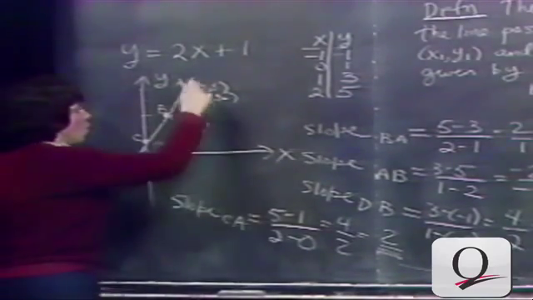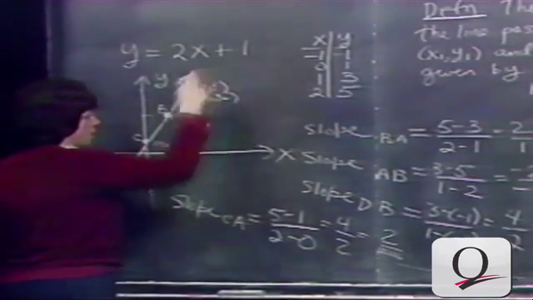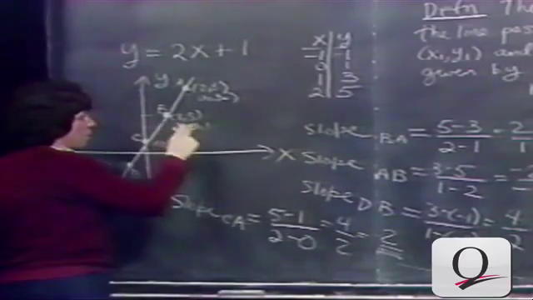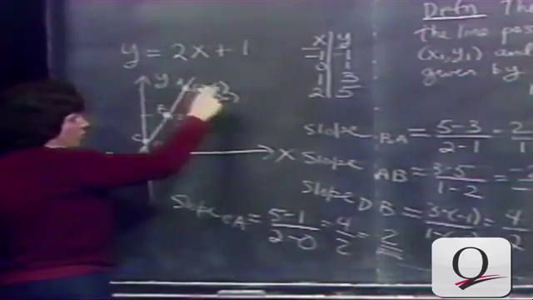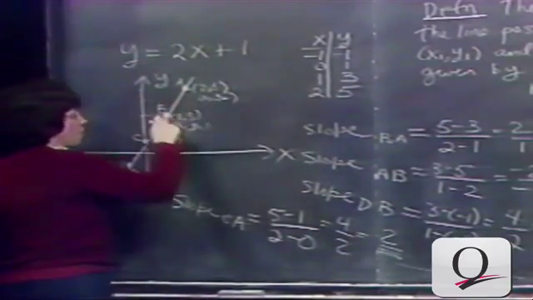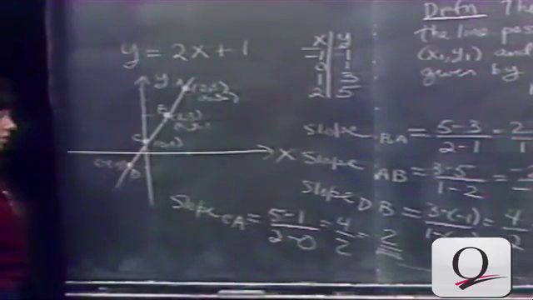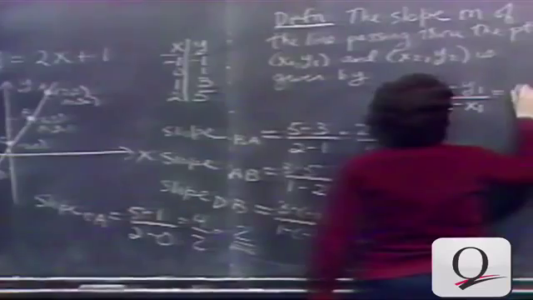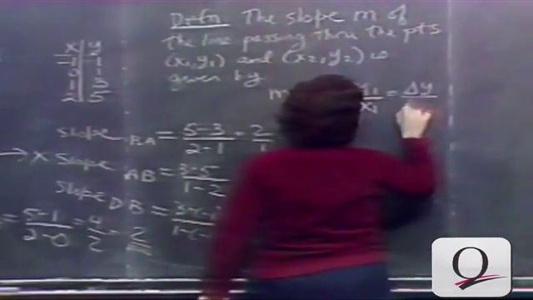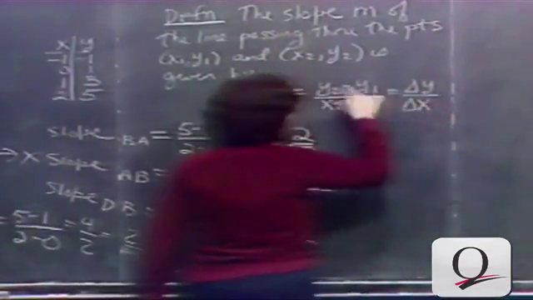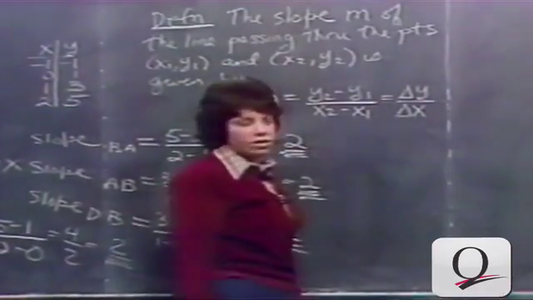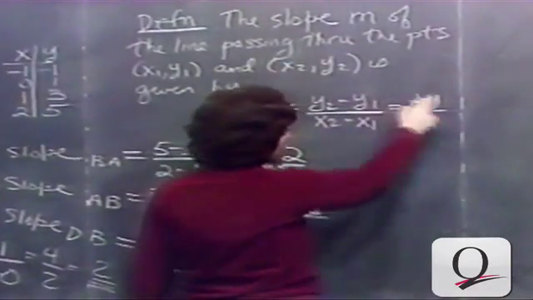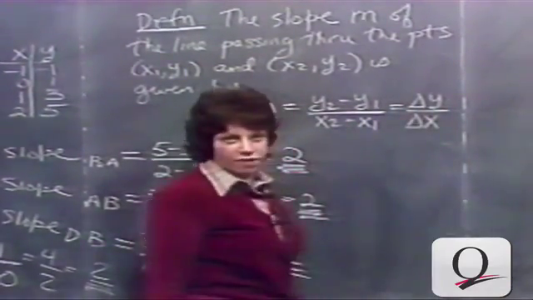It's going to be the y coordinate of one of the points minus the y coordinate of the other point, divided by the x coordinate of the same point that you started with minus the x coordinate of the other point. Sometimes we write this as delta y over delta x, meaning the difference in the y values over the difference in the x values, or the change in the y values over the change in the x values.